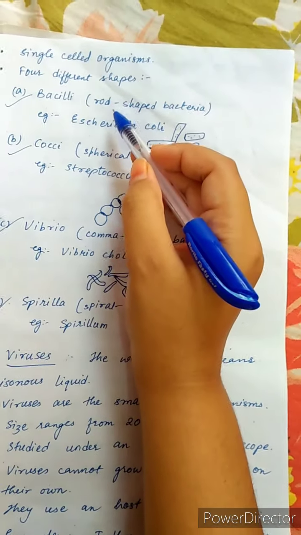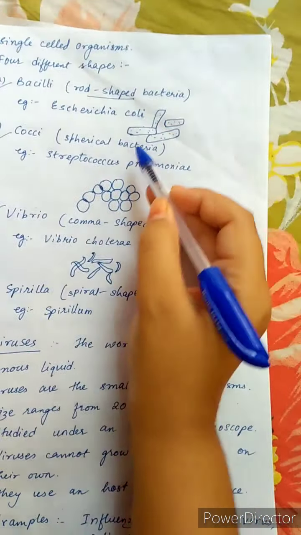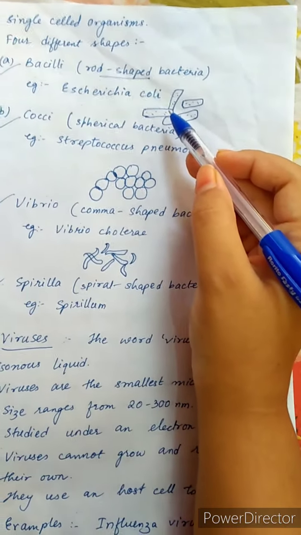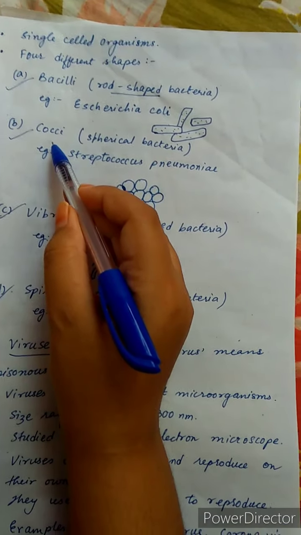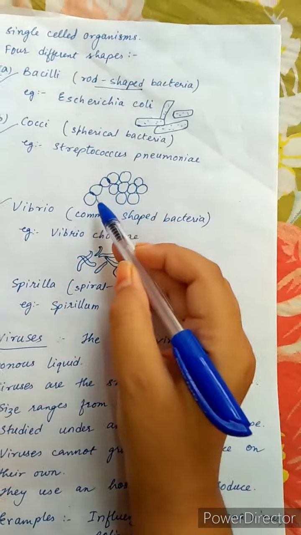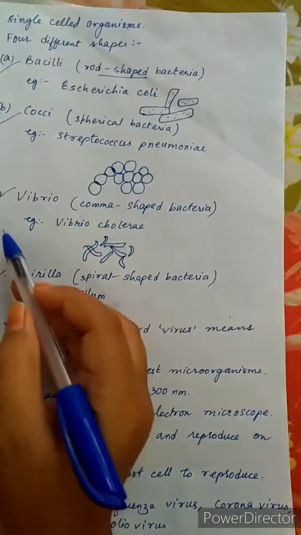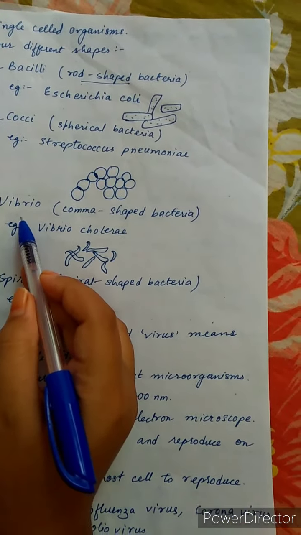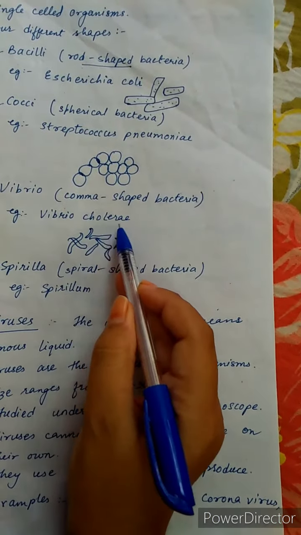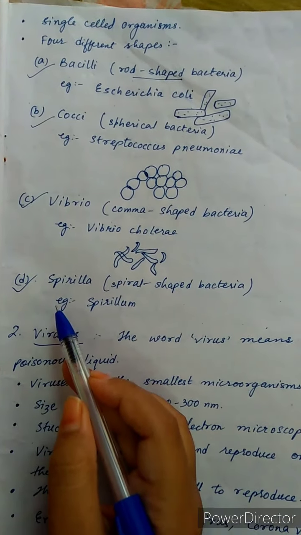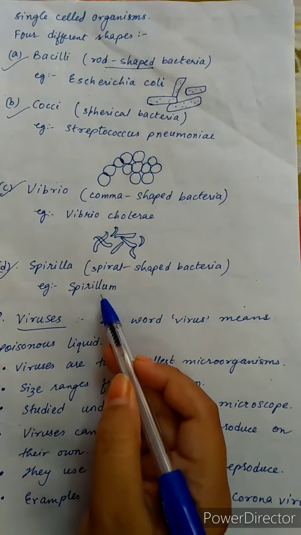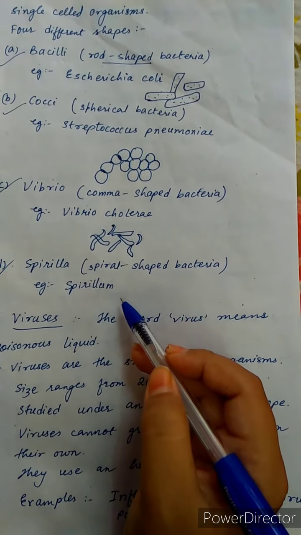Bacilli are rod-shaped, like Escherichia coli. Cocci are spherical, like Streptococcus pneumoniae, round shapes. Vibrio are comma shaped, like Vibrio cholerae, and Spirilla are spiral shaped, an example is Spirillum.